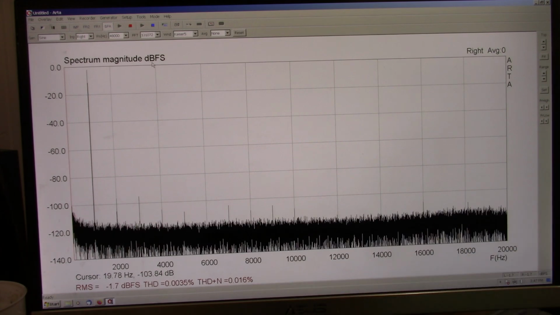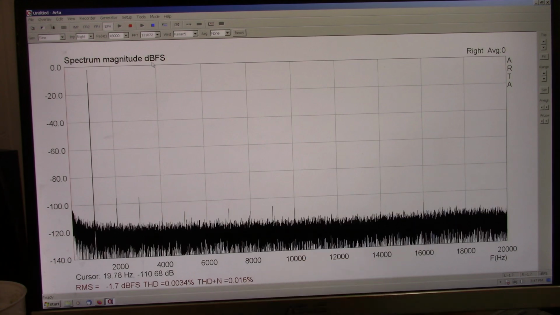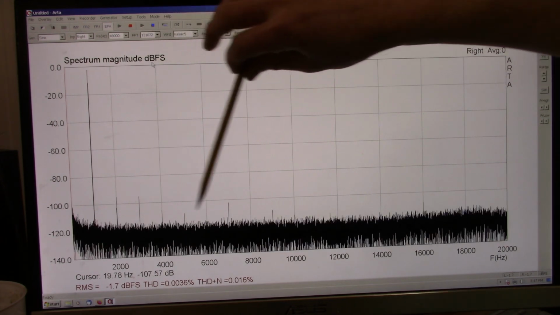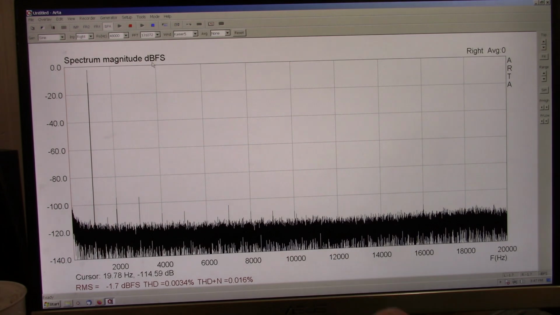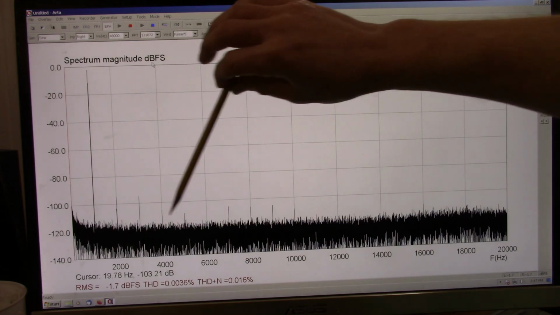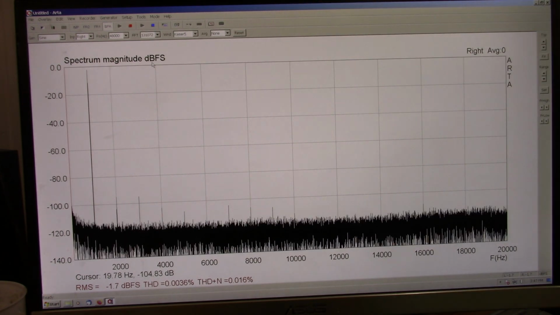And this is pretty much as low as I can get. It's a function of the sound card and probably the music player. I don't know exactly what's causing this distortion. Some of it could be the music player, or all of it, and some of it could be the sound card, its analog inputs or other circuitry.